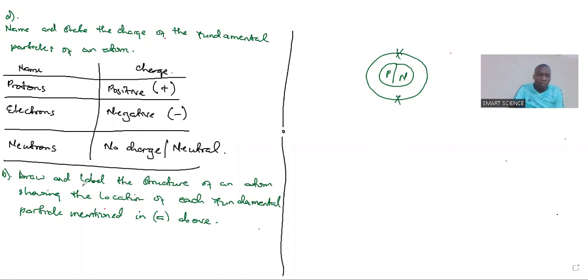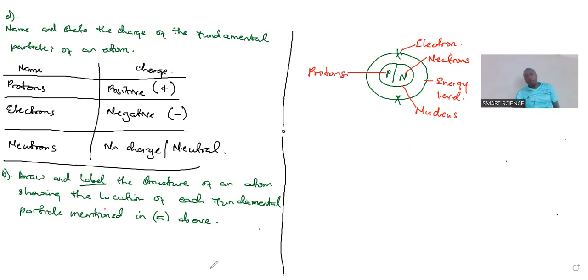Since the question said draw and label, we are going to label. This is showing an electron. This is an energy level. This is a nucleus. Capital N is showing neutrons, and capital P is showing protons. So I will be done with answering that particular part of question.